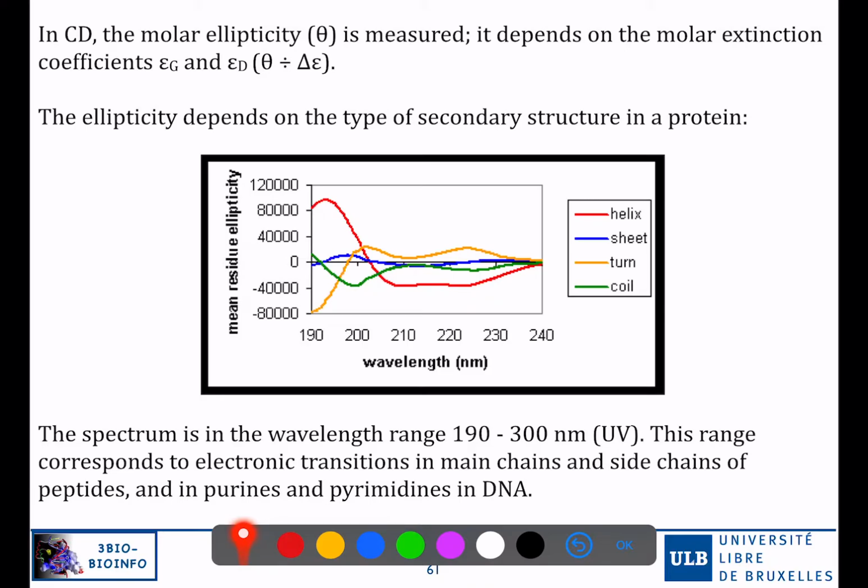So here you see that you are in the ultraviolet part of the spectrum, and keep in mind, when I explained the principle of spectroscopic methods and of absorption and emission spectroscopy, we have seen that when you have transitions in the UV part of the spectrum, that means that you are following transitions between electronic levels.